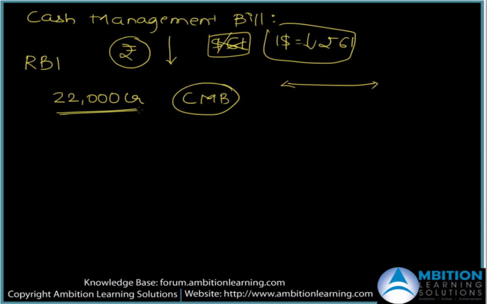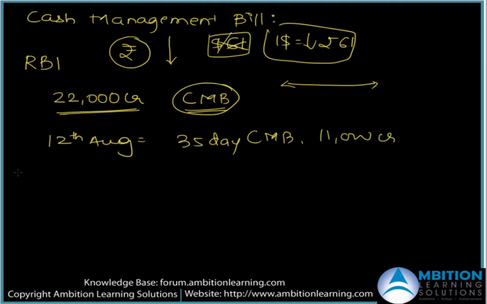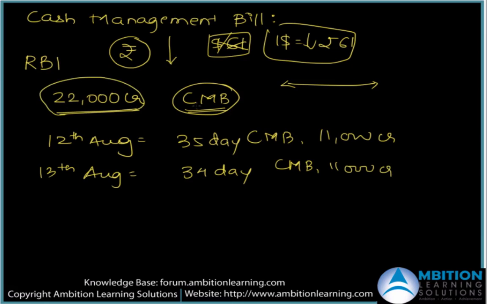On Monday, the 12th of August, RBI is going to issue a 35-day cash management bill for 11,000 crore, and on the 13th of August they are again going to issue a 34-day cash management bill for 11,000 crore. So every week they are going to raise 22,000 crore under cash management bills. For what tenure and what amount, they will announce a day before.